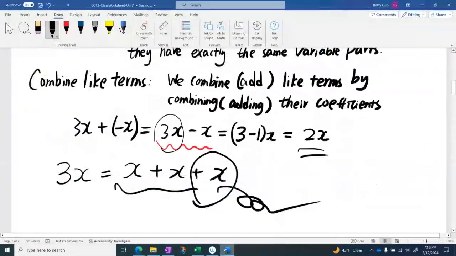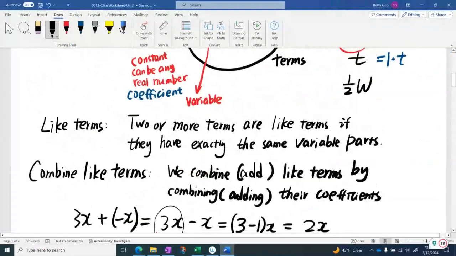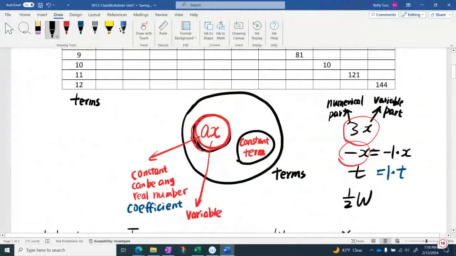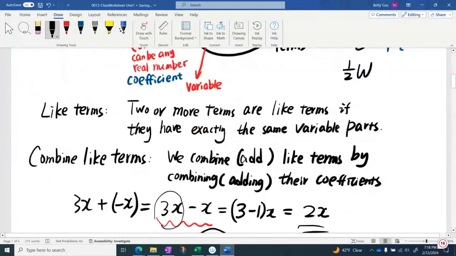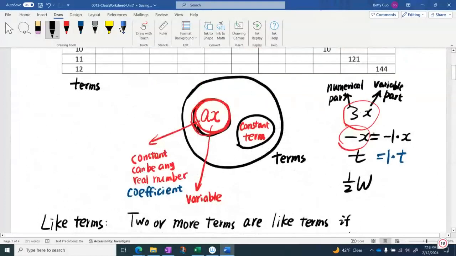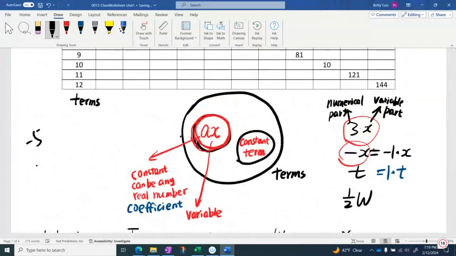So we covered what is a term. Of course, we didn't give the formal definition of a general term. We only get to know two types, basic terms, a number times a variable and a constant term. And we also learned what are like terms and how do we combine like terms. Remember earlier I have 95, 10, and maybe half.